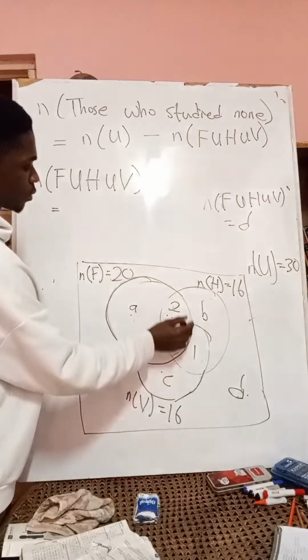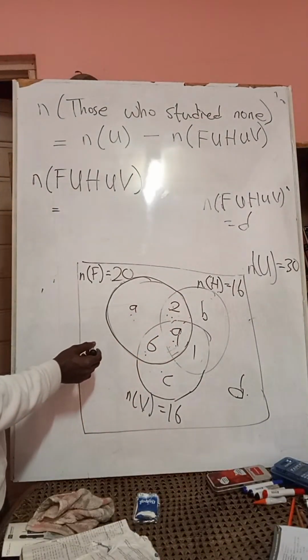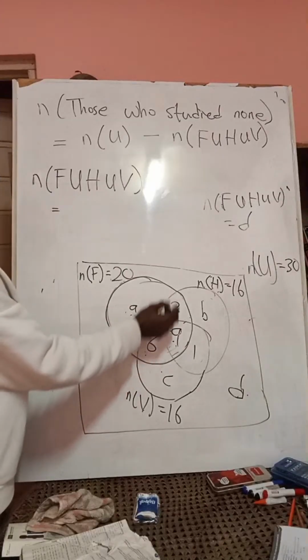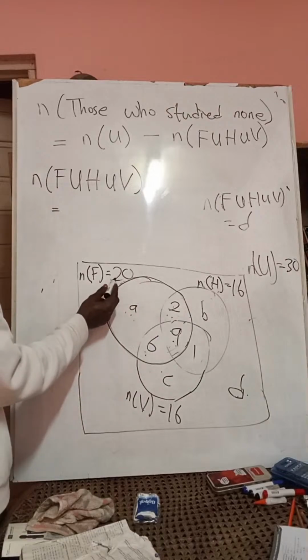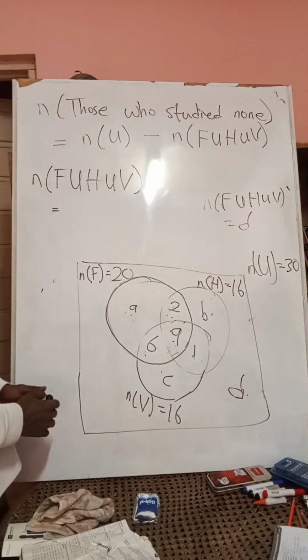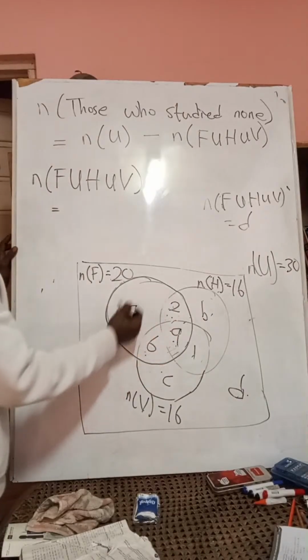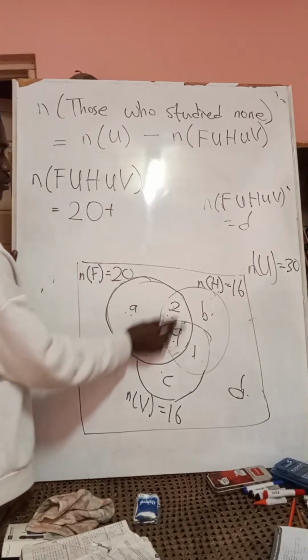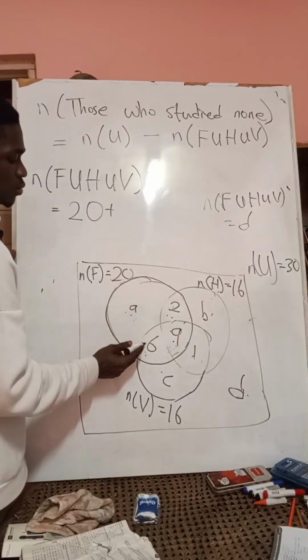We had 3. No, not A, the whole of F. What is the whole of F? 20. After that, you come and add this 3 to it. You understand? So it's equal to 20 plus.